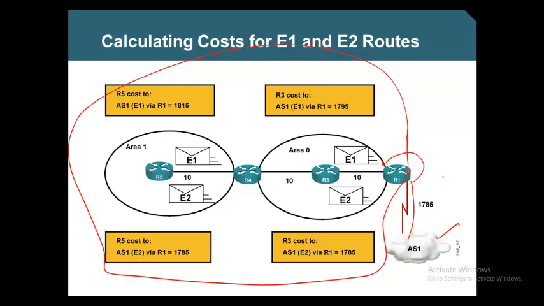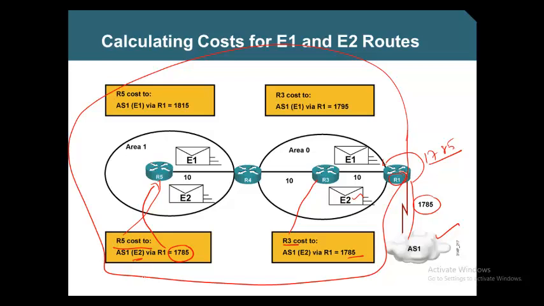But here, they are giving a metric, 1785. The default is E2, so that 1785 is even seen in R5. No change in the metric. Whatever is given during redistribution is maintained. Even in R3 it is the same, R5 also it is the same cost to reach the external networks.